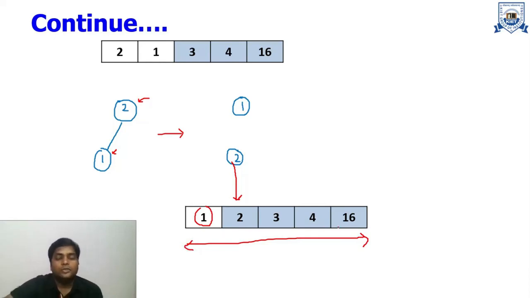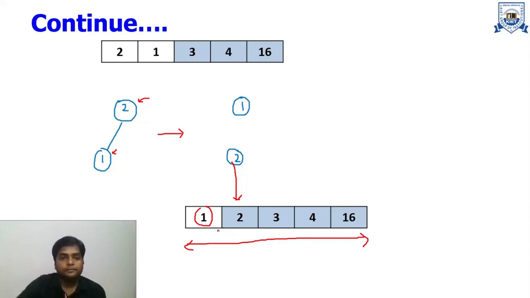So this is the way through which we perform heap sort in 2 steps. In the first step we create a max heap using the heapify method, and in the next step we delete all the elements of the max heap one by one, and finally we get a sorted array.